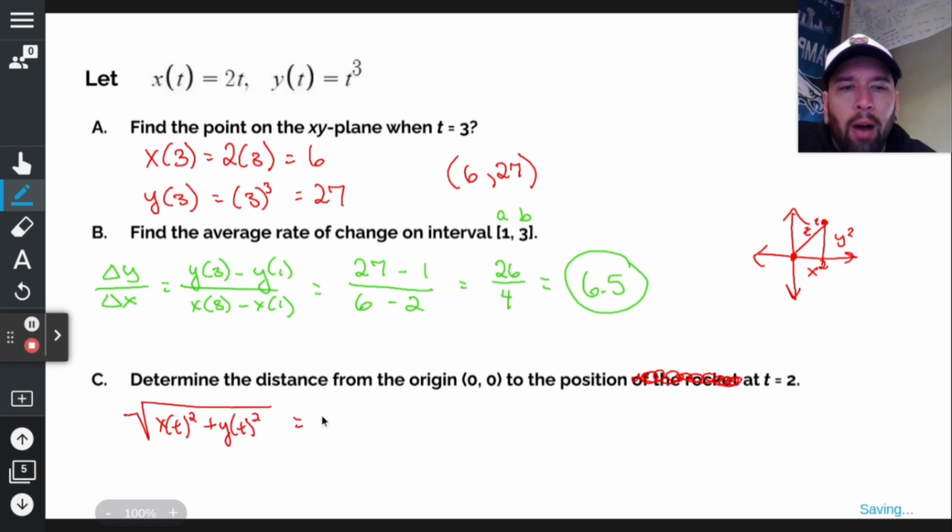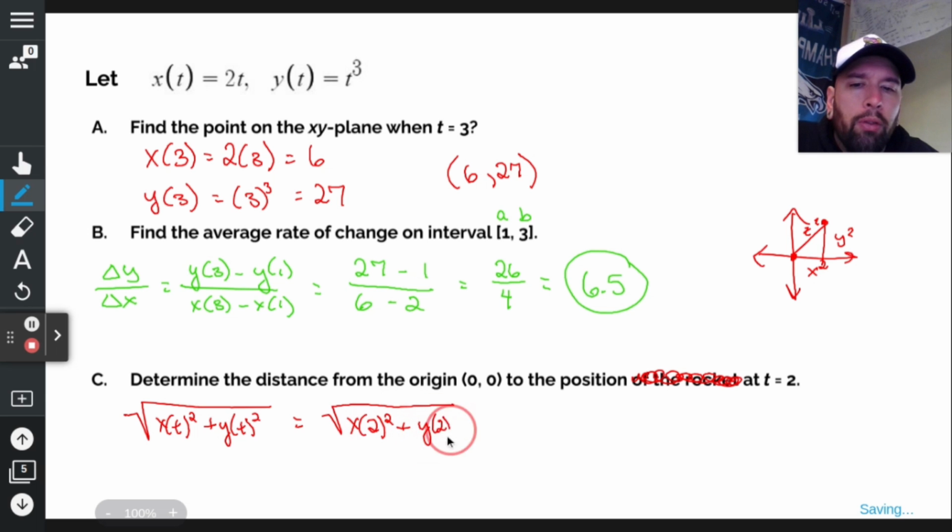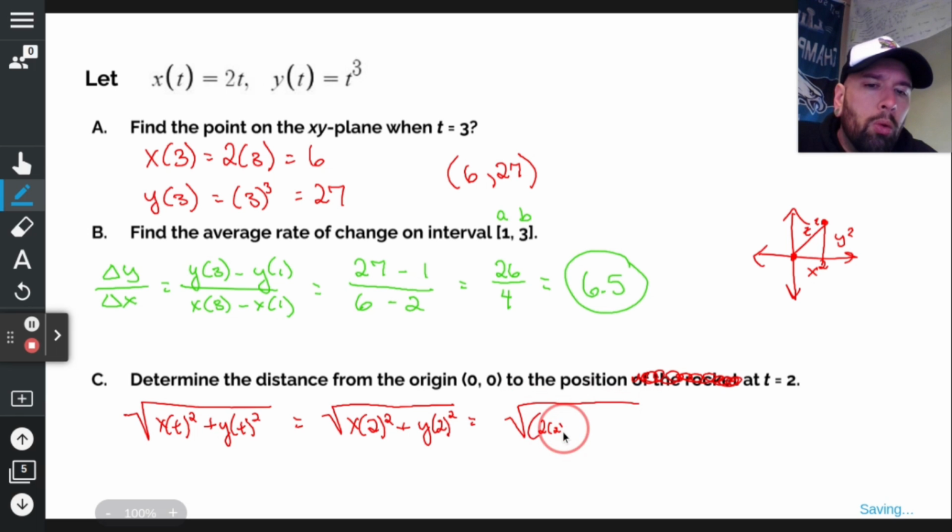So I need to find x of 2 squared plus y of 2 squared. So x of 2 is going to be 2 times 2. So 2 times 2 squared plus y of 2 is going to be 2 cubed squared.